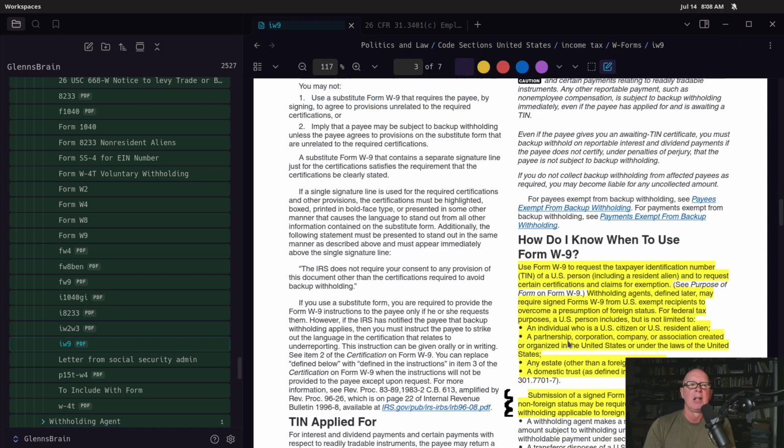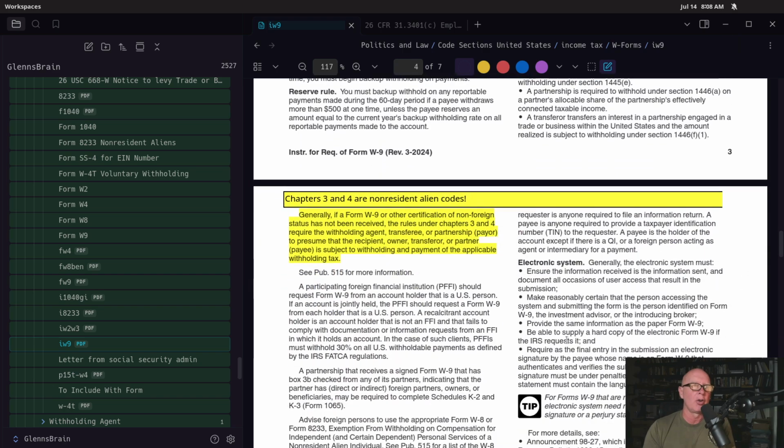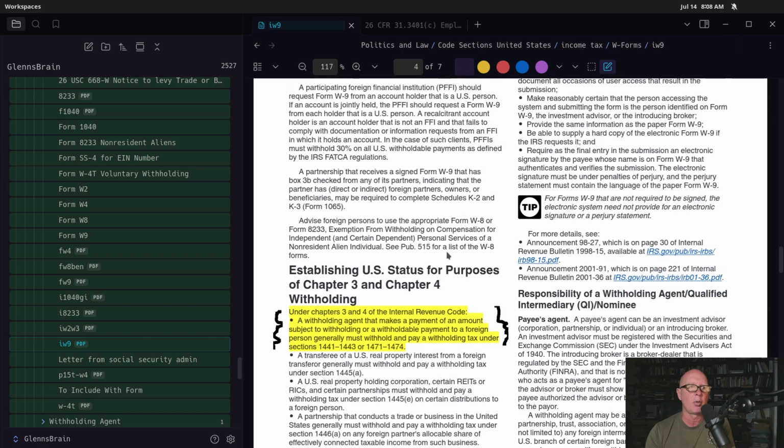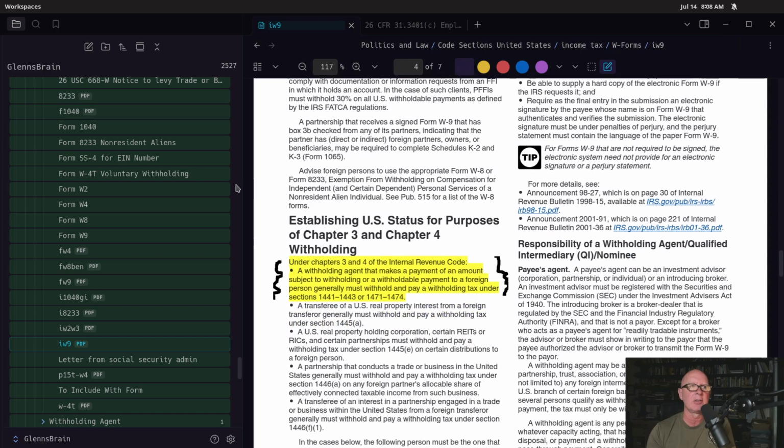So, it goes on, it lists more and more stuff, but you'll notice it's all Chapter 3 and 4 information. There is absolutely nothing on this form that has a look establishing U.S. status for purposes of Chapter 3 and 4 withholding.